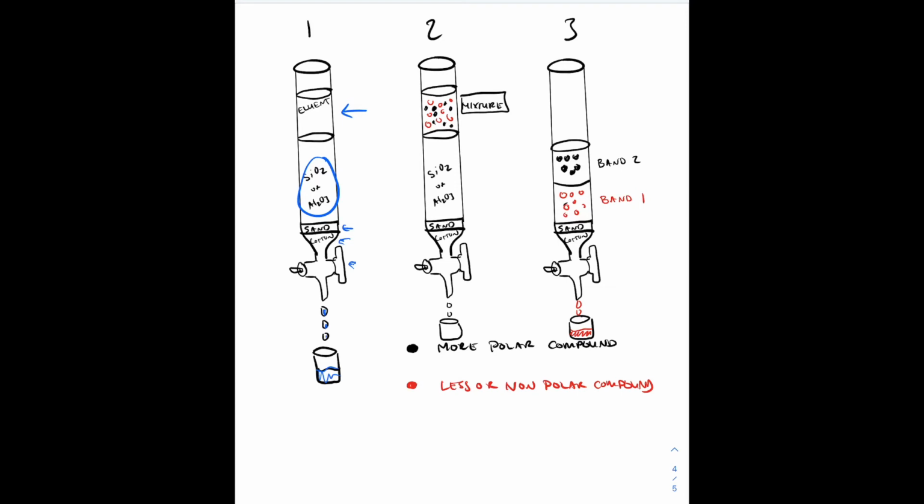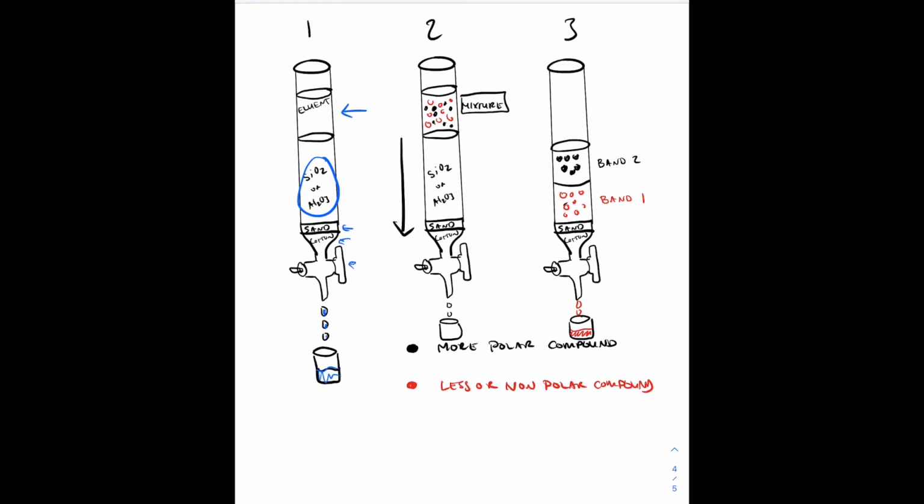Usually we try and make it as concentrated as possible, so it's really thin, maybe just that whole thing. But the drawing is exaggerated so that it's more clear to you guys. If it's more concentrated, then they're all starting at the same starting point, and then it's pretty much a race down that column.